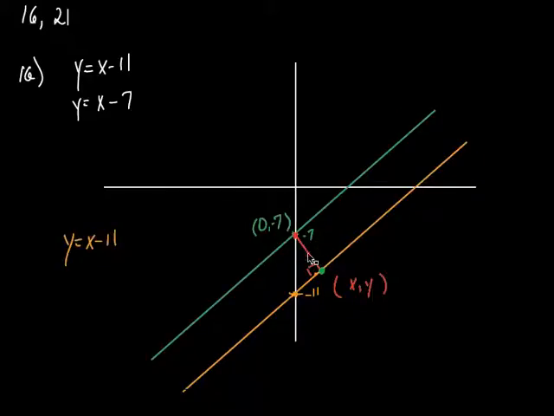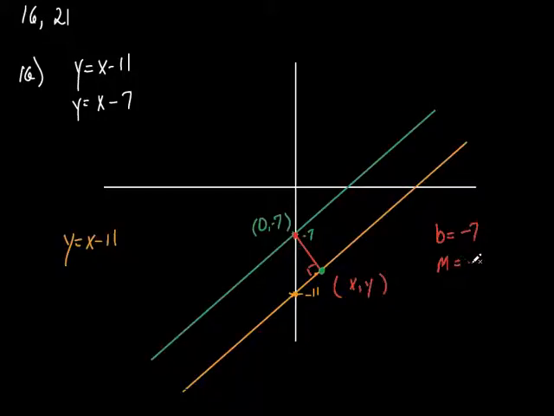Now let's find the equation of the red one. That shouldn't be all that difficult because I already know one of the points. In fact, I know the y-intercept of that red one, so I can write that down. Look, it hits right here, doesn't it? That's where that red line hits the y-axis. So b equals -7. And I know the slope of it, right? Because the slope of the orange one was +1, so the slope of this is going to be the negative reciprocal since it's perpendicular.